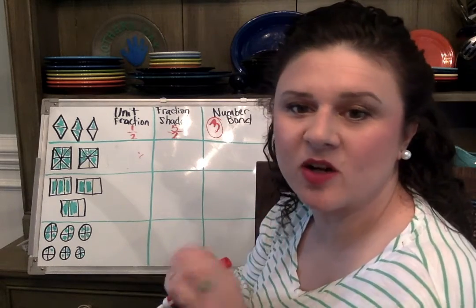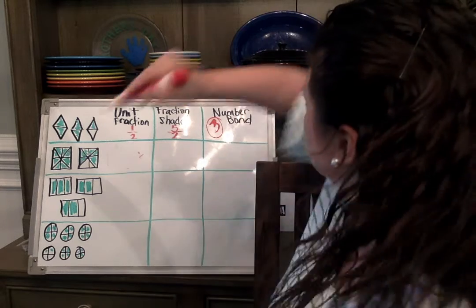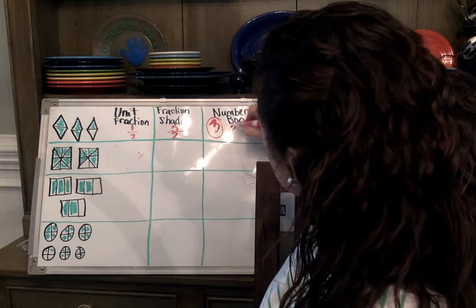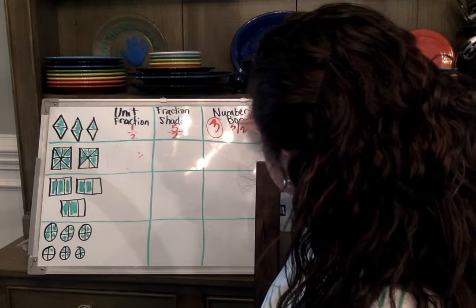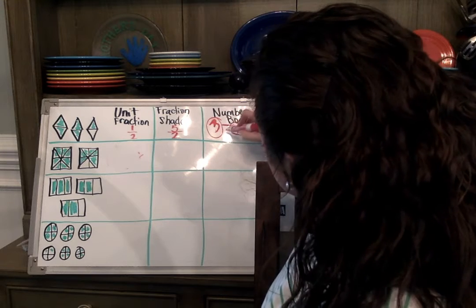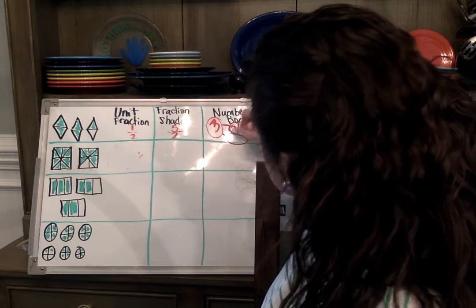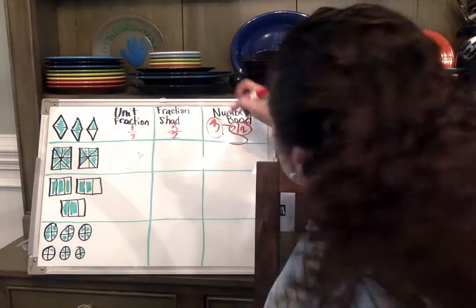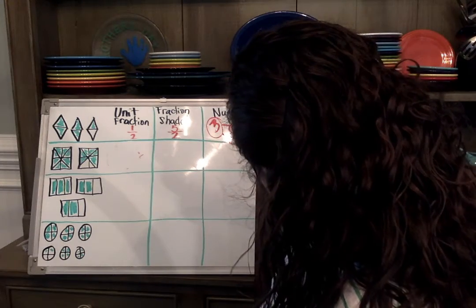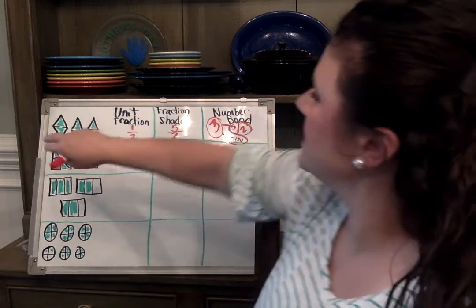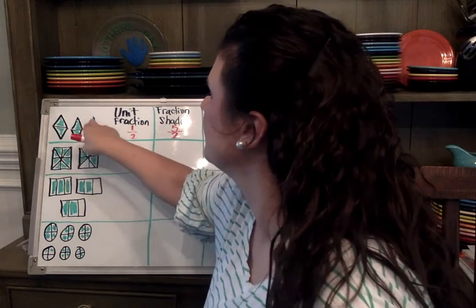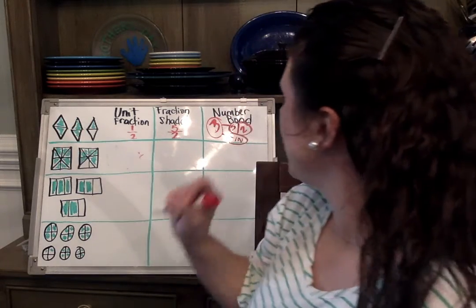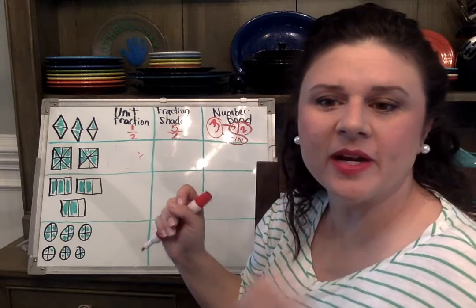Now, what fraction of that whole was shaded? 5 halves. So what fraction was not shaded? This is not a pretty number bond. 1/2. So let's see. 1, 2, 3, 4, 5 halves plus 1/2 equals 3 whole.